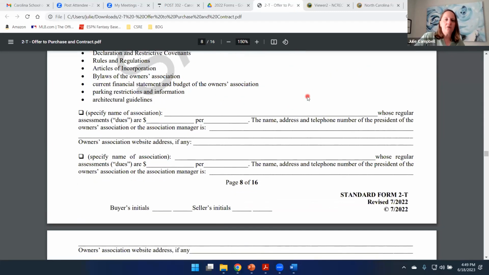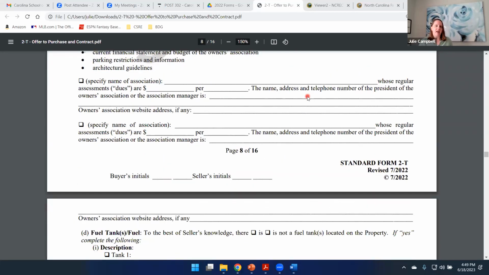If it is in an HOA, the seller needs to represent the name of the association, how much the regular dues are. It's going to be X amount per month, per quarter, per year, however that's spelled out. The contact information of the HOA and the website, if applicable.